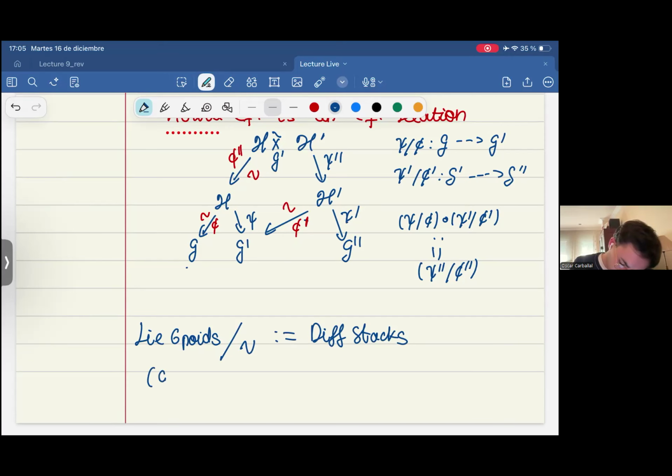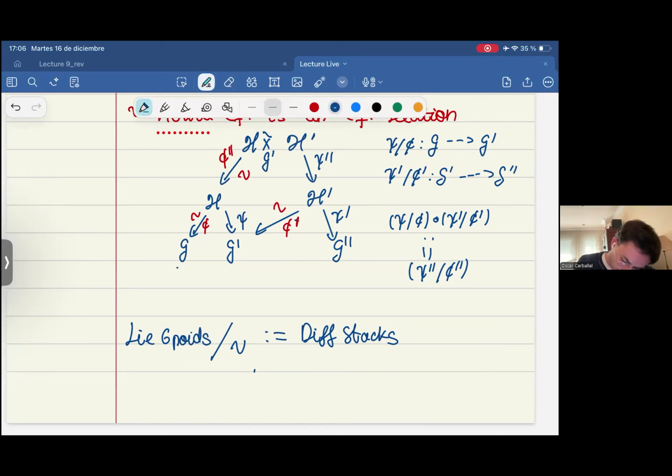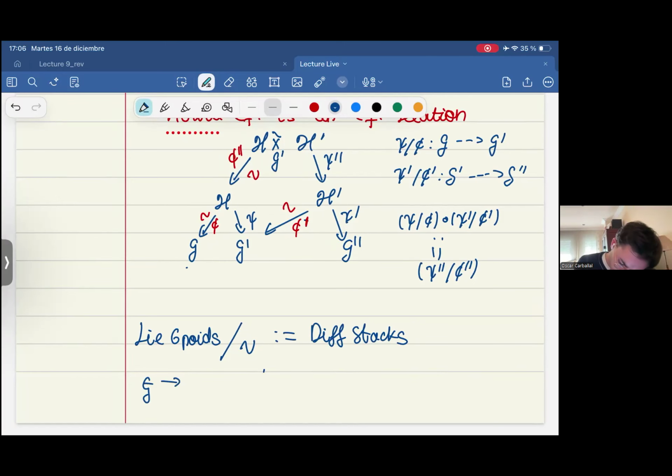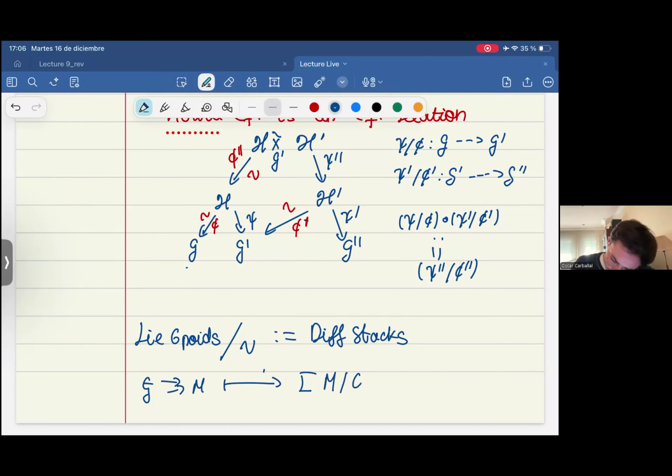And precisely to a Lie groupoid G over M, it associates, well, the thing is that whenever we have a Lie groupoid G over M, its differentiable stack is denoted by, sorry, this thing.